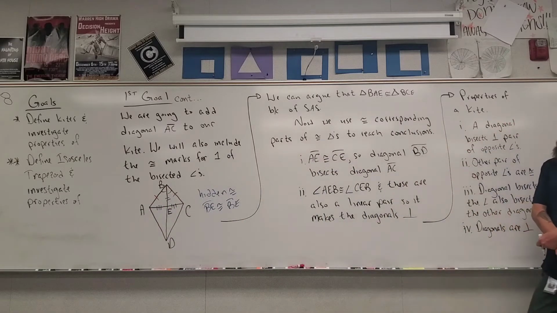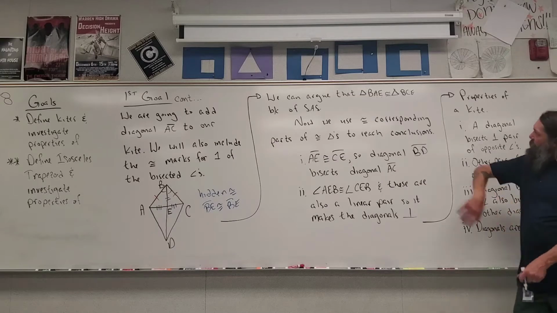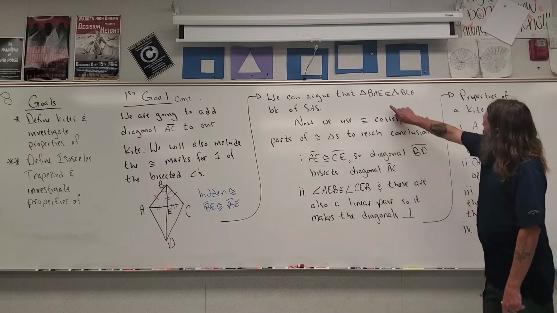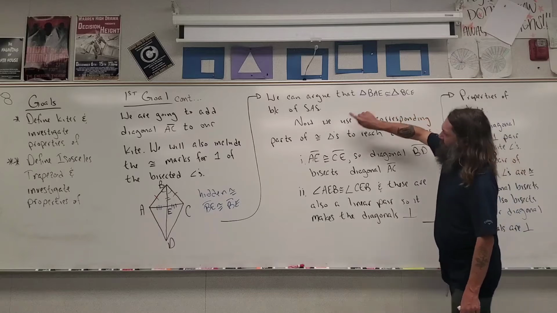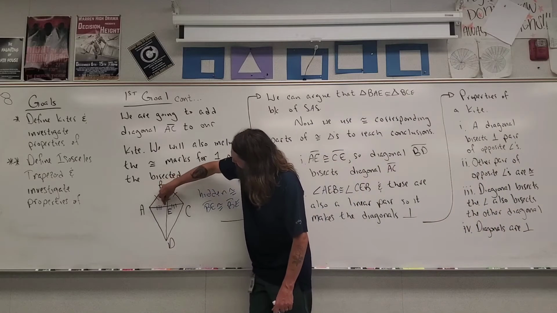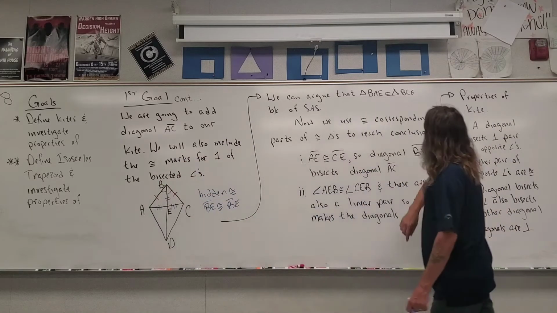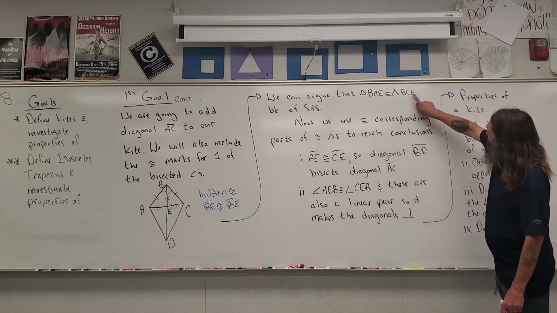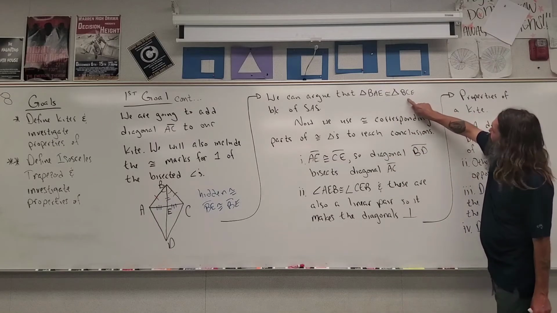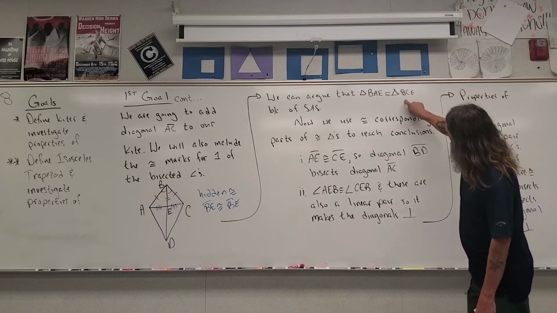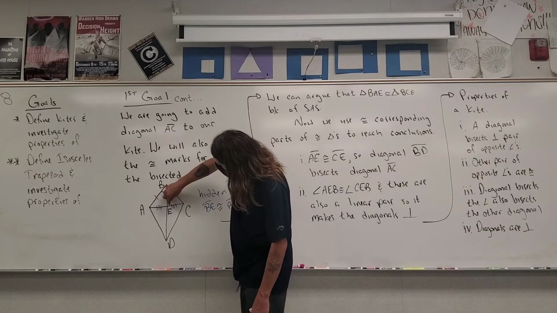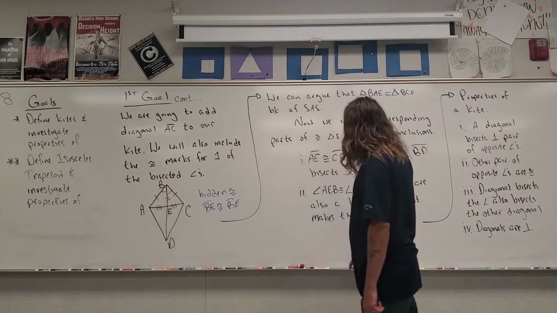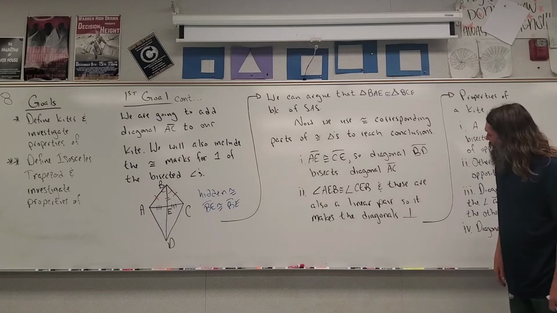Okay. Second conclusion that we can get from these triangles being congruent is I can say that angle AEB is congruent to angle CEB. Those two angles are congruent, and these are also a linear pair.